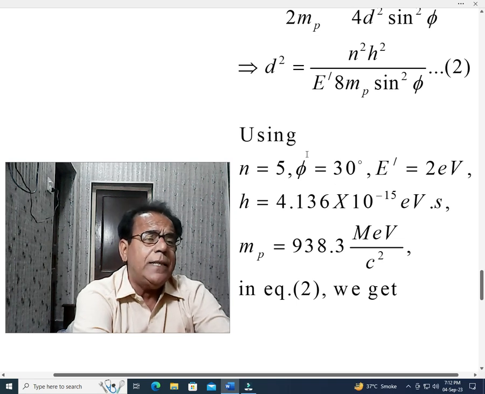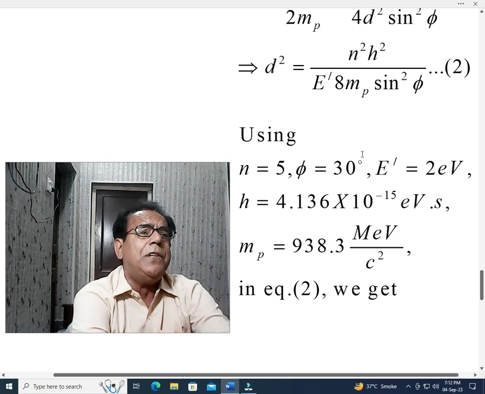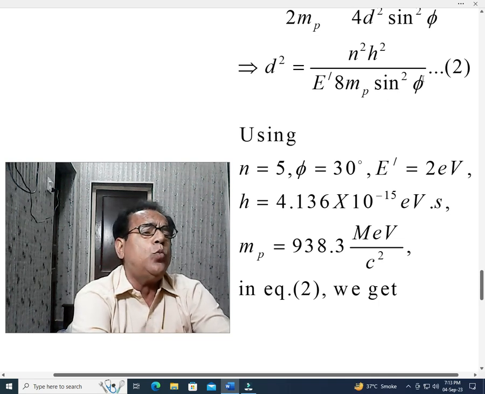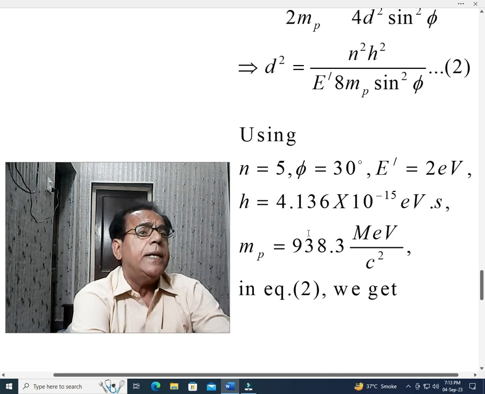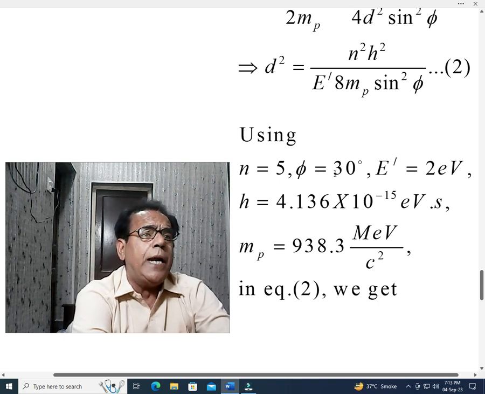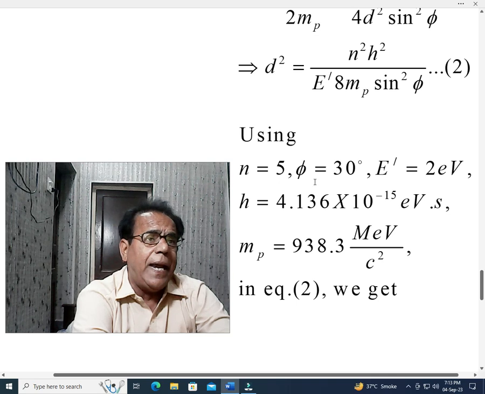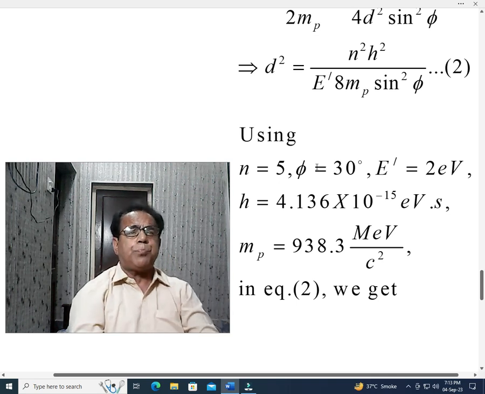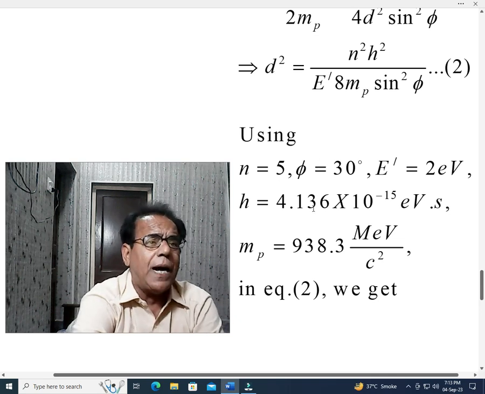This is also given in the statement, and here sine 30 is equal to half, and sine square phi is equal to 1 by 4, that is 0.25. Sine 30 is equal to 0.5 and sine square 30 is equal to 0.25. h is the Planck's constant which we have taken from the table.